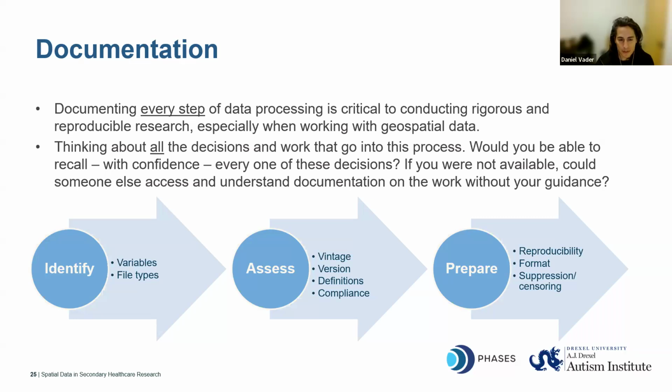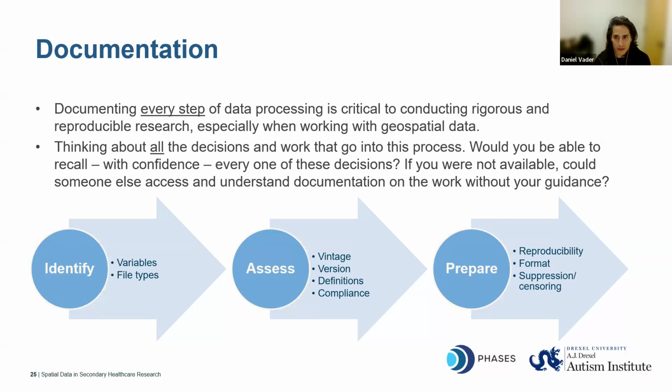So some questions that we might not want to have the answer to readily accessible are, would we be able to recall with confidence every one of these decisions? Each time you say, okay, let's use this version of the data that we access from this particular source that covers these specific years, and we'll match them with these years from our other data set because of this reason and that reason, we want all of that information down somewhere, because no one is going to remember all of that.